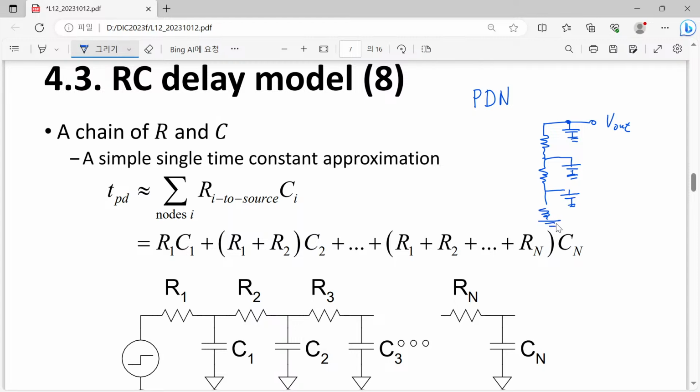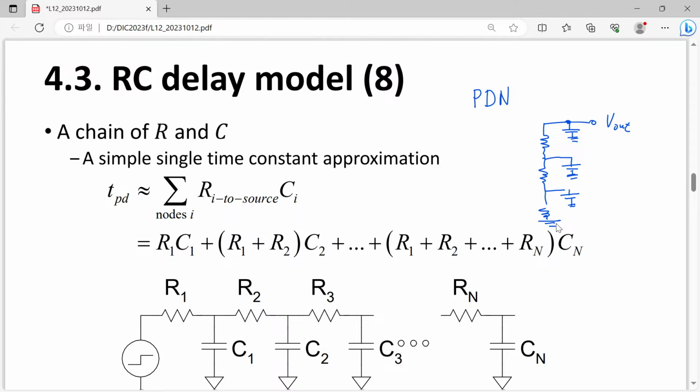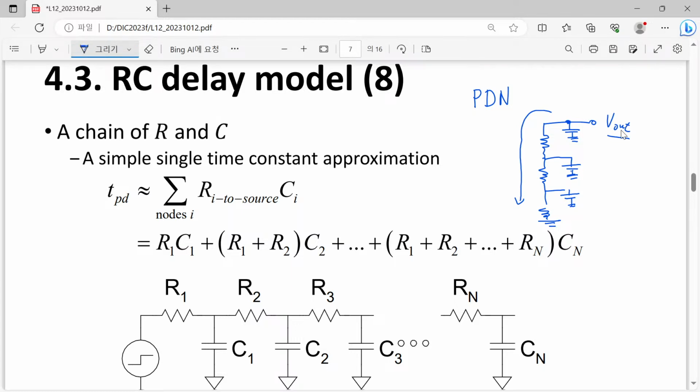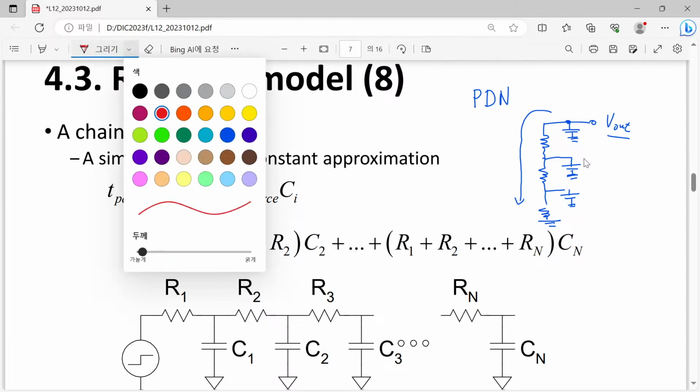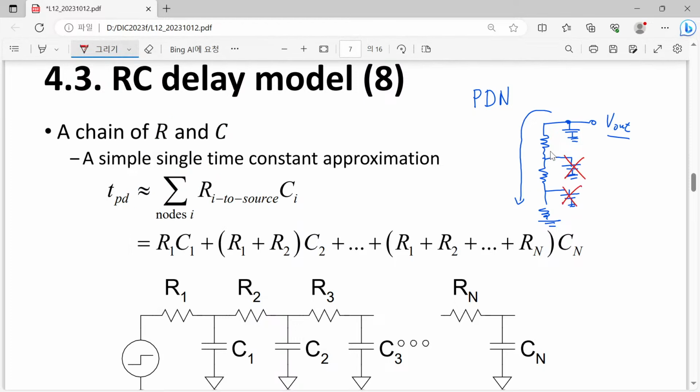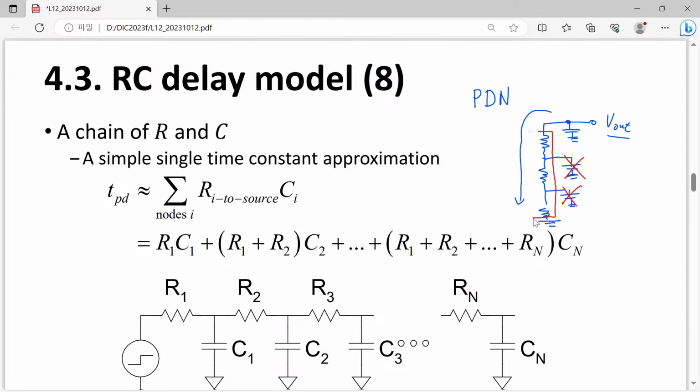So that is a simplified view of our pull down network, and we are now talking about the discharging speed of this V out voltage. If we don't have any of these intermediate capacitances, then that can be well modeled as just a series resistance of these 3 resistors and a single capacitor.